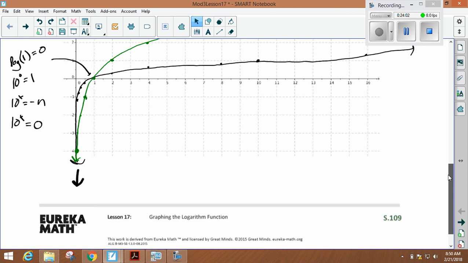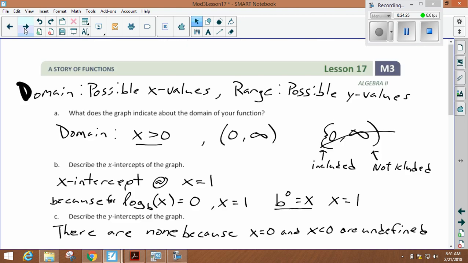So y just keeps going down, but x is getting closer and closer and closer until it is like 1 over infinity close. That's like the smallest number you can imagine. 1 over infinity. It's called infinitesimal. All right. Woohoo! Let's keep going.